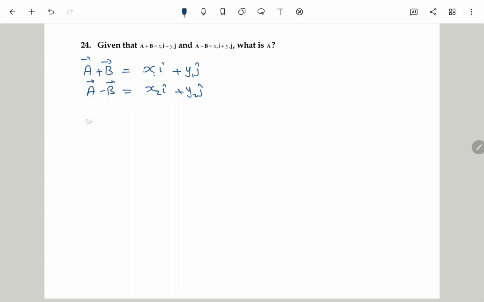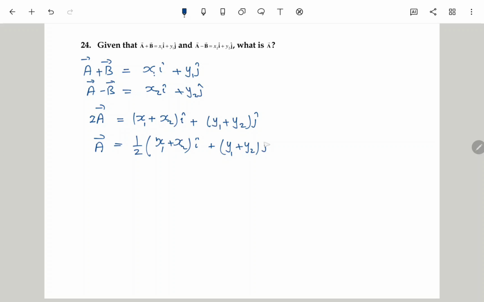You add these two equations together, 2a equals (x1 plus x2) i plus (y1 plus y2) j, or a equals half of (x1 plus x2) i hat plus (y1 plus y2) j hat.